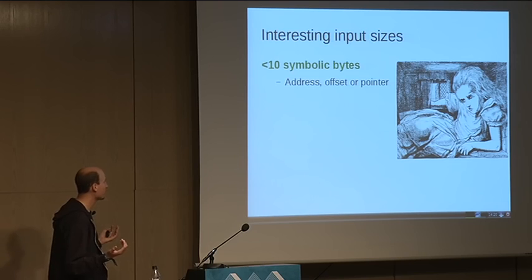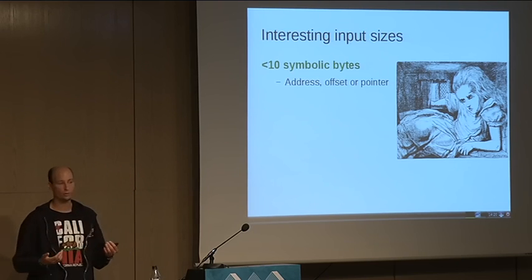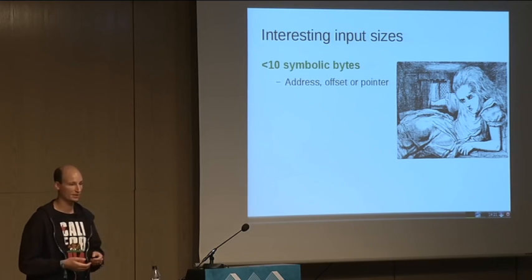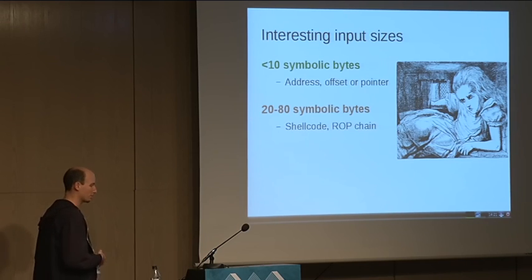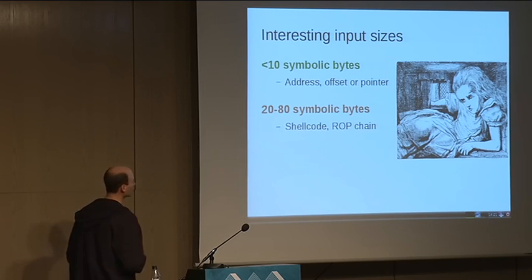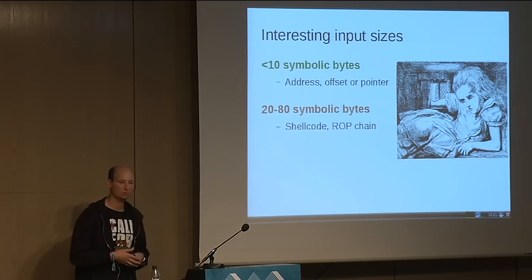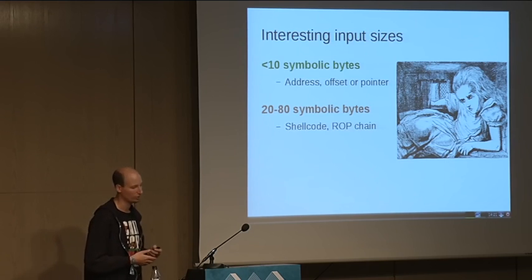10 symbolic input bytes is kind of an address, an offset, or a pointer or two, but not much more. We can already do that with the existing symbolic execution engines. Other options: if you have 20 to 80 symbolic bytes, we can actually invert some shellcode, a small ROP chain or something like that, but unfortunately not much more.